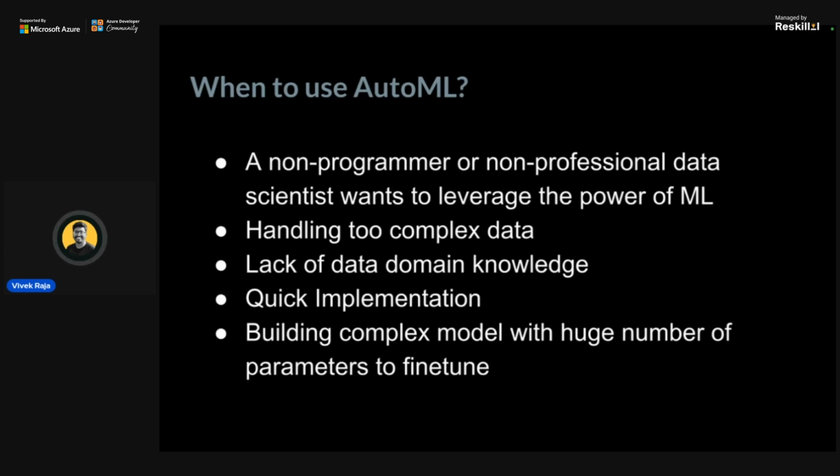The reason is that automated machine learning does a lot of help for you, but it does not bring one thing to the table, which is the domain expertise, which is really required to help you understand the data better, as well as fine-tune the model better and get the right results. That's when you have to go ahead and choose your own conventional way. And if you want to do something with a standard dataset and a standard process, and you want to achieve some quick, decent results, then automated machine learning is a very good choice.